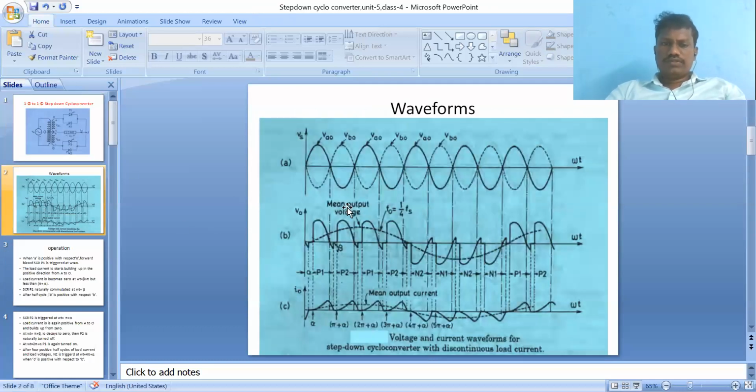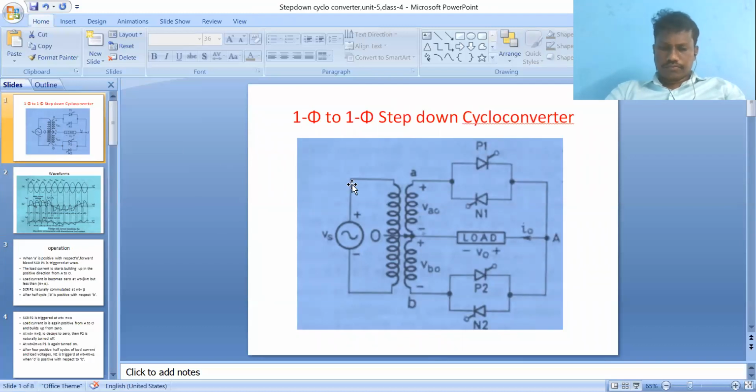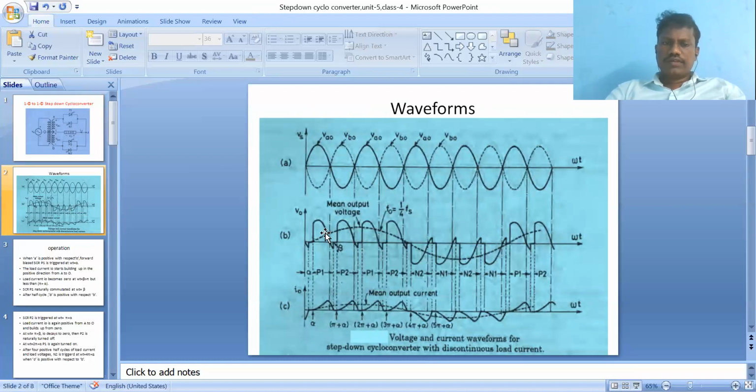It is step down, so we concentrate only on the positive group of thyristors. Why do we concentrate on the positive group? Because we are getting 4 positive half cycles.